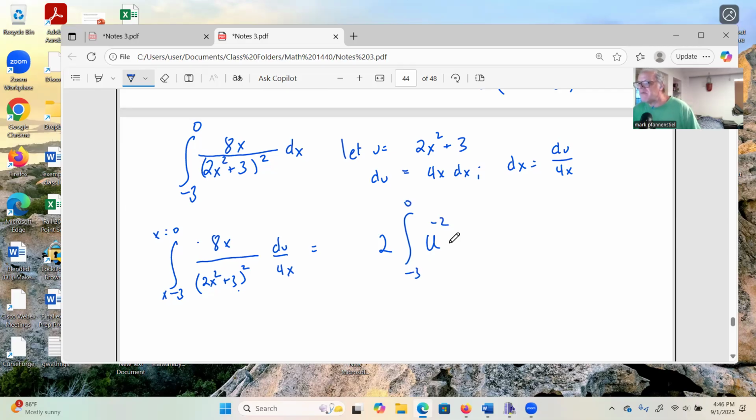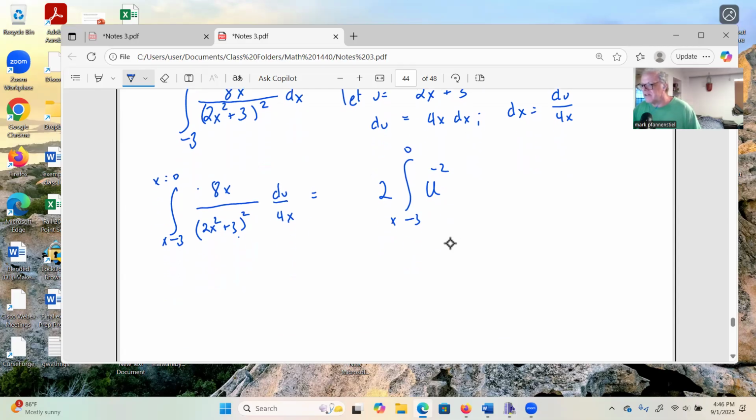But I want to stay with u's. I don't want to go back to x's. Okay? X's seems kind of difficult. So we're going to say, okay, when x equals -3, u equals 2 times -3 squared plus 3. -3 squared is going to be 9. 2 times 9 is 18. 18 plus 3 is 21.